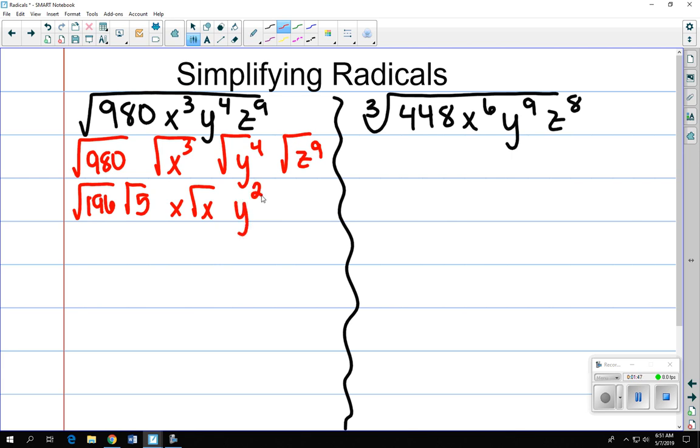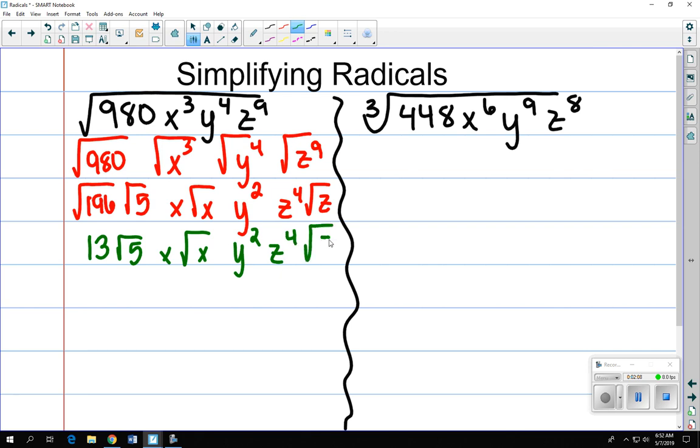I just have y squared. And with the square root of z to the ninth, I'm going to say z to the fourth with 1 z left over. Now I can simplify the square root of 196 to 14, square root of 5, x, square root of x, y squared, z to the fourth, square root of z.